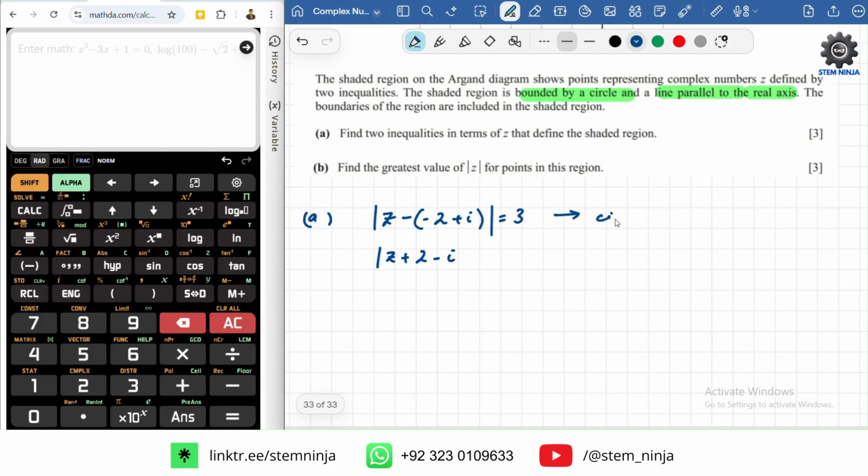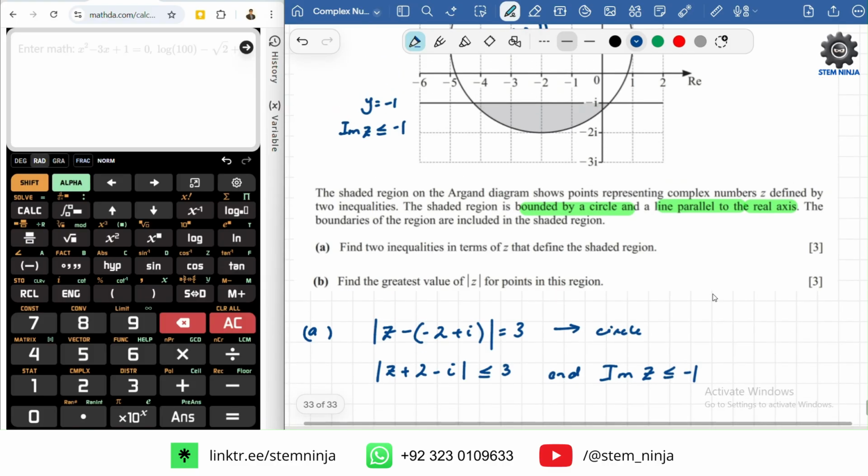This is the circle, right? And the region is mod less than or equal to 3 and imaginary z less than or equal to minus 1. That's it. That's your two inequalities.